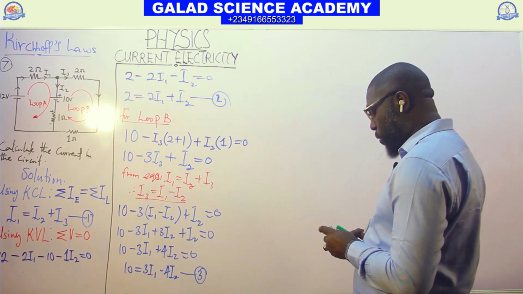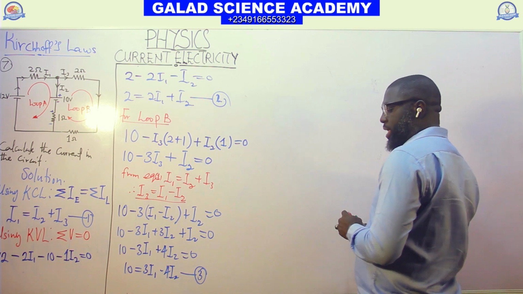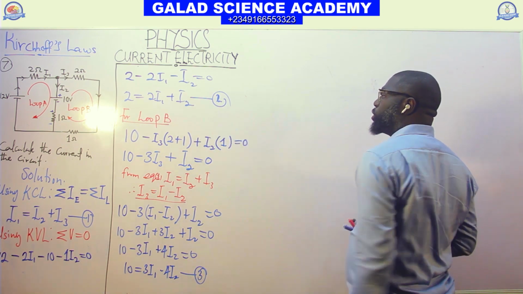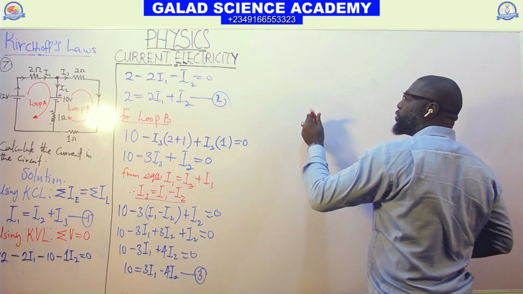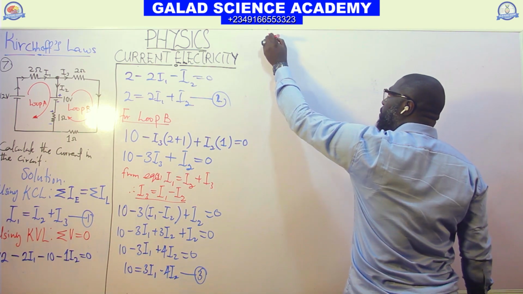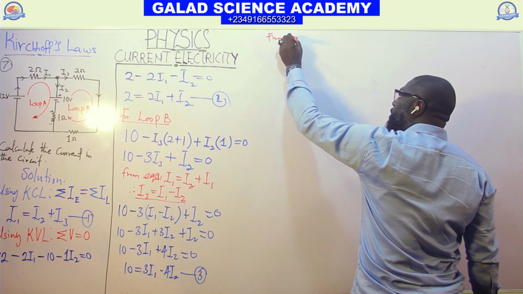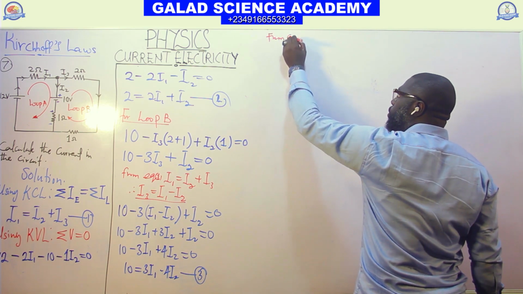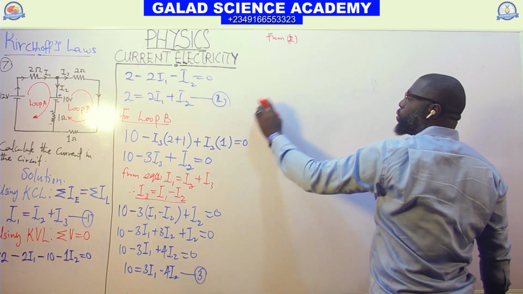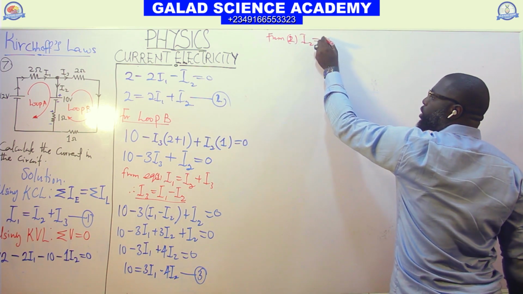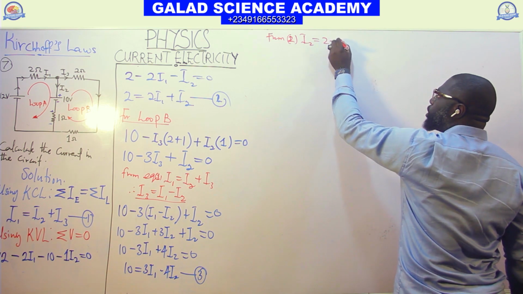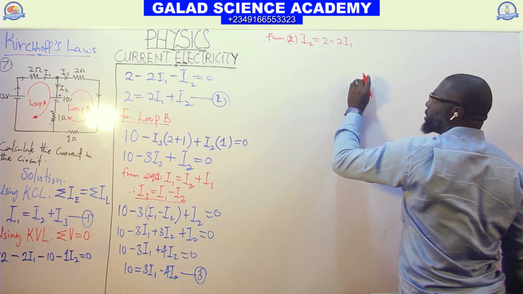So from equation 2, let's make I2 the subject of the formula. I2 will be 2 minus 2I1.